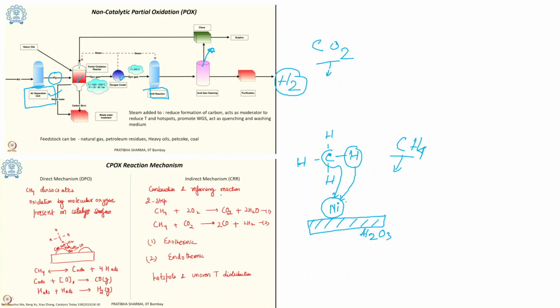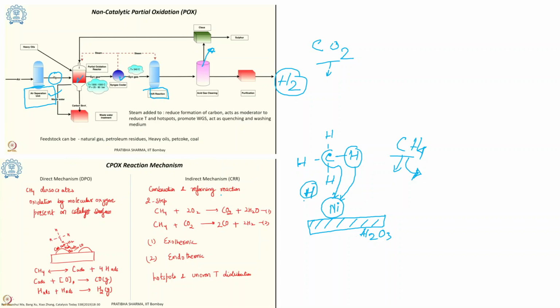If we don't use the catalyst, breaking the bond requires higher energy, but with the catalyst, it can easily break the bond of CH4. After bond breaking, the two hydrogens are in atomic form, lone form.